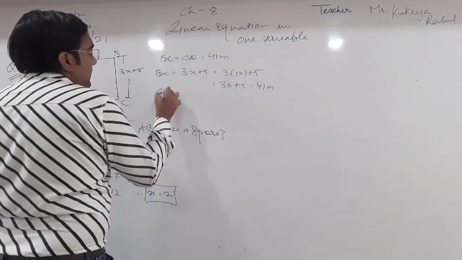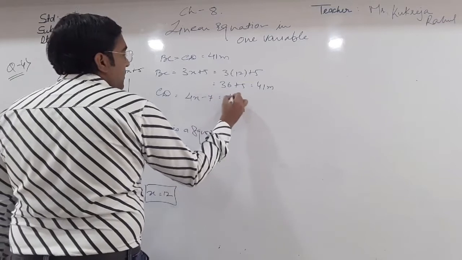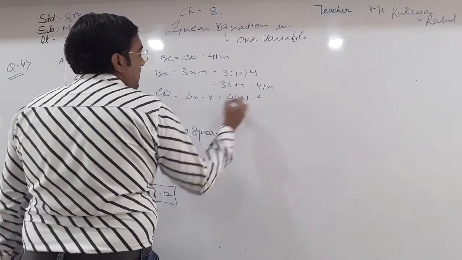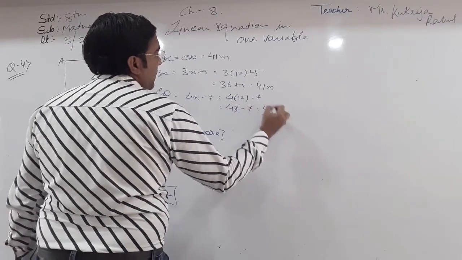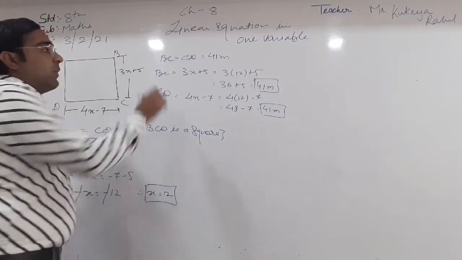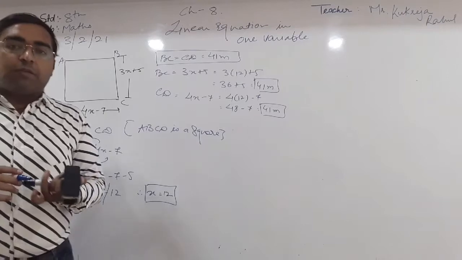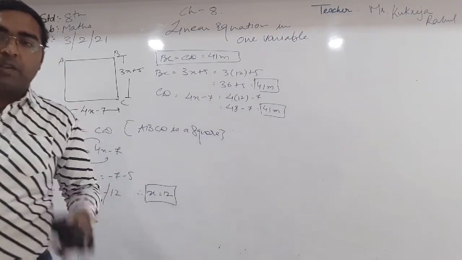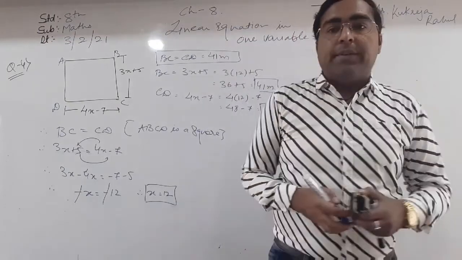Okay, and again CD will be 4x minus 7, 4 into 12 minus 7, 48 minus 7, it will be 41. In both of them the side is equal to 41 meter. Side of the square will be 41 meter. Clear? So please note down first, then we are moving on to the next topic.